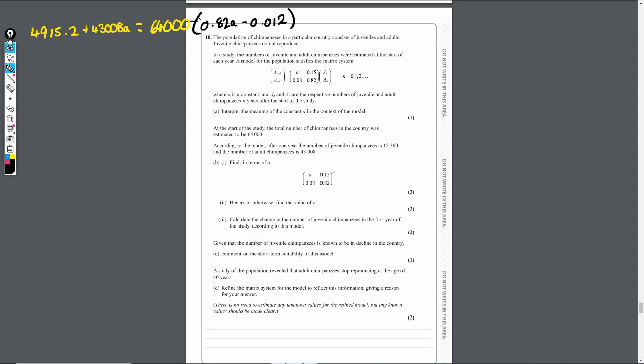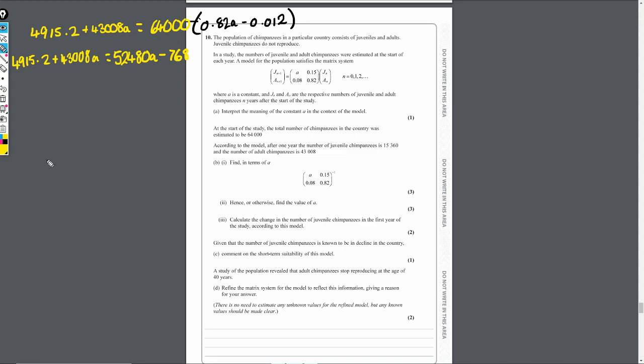This side here will remain the same, 4,915.2, just rewriting that side again. This side now, if you expand this through, what you'll get is 52,488 A, and you'll also get minus 768. Now we've just got to solve this equation in terms of A. Really easy.